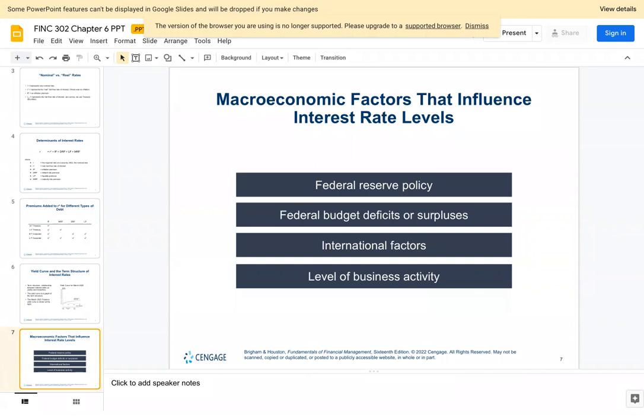So there may come a point where the Federal Reserve will have to start selling Treasury securities to take money out of the hands of the public and increase interest rates to slow down inflation. We shall see.